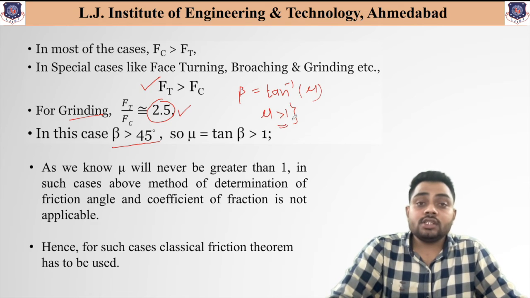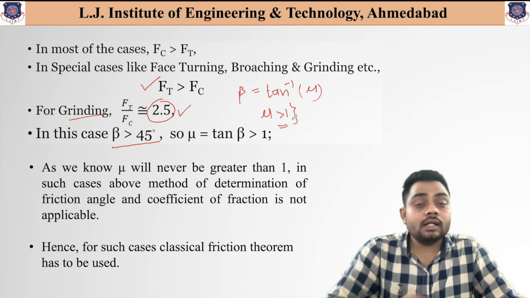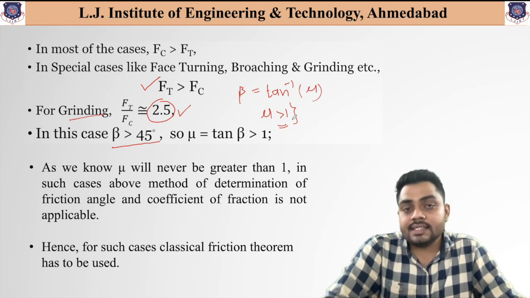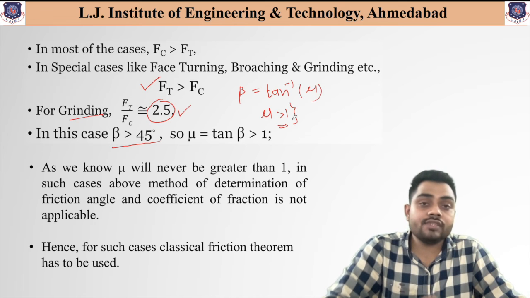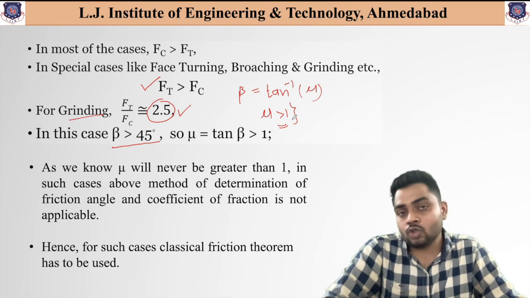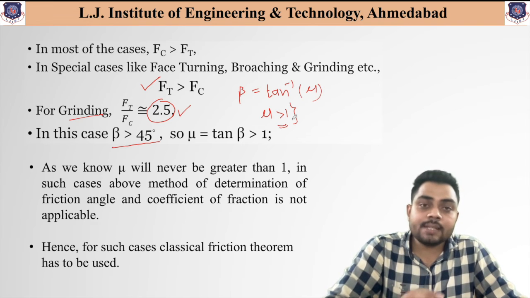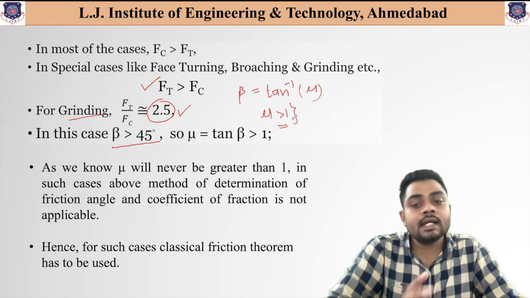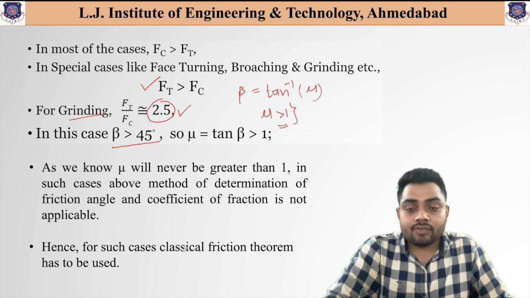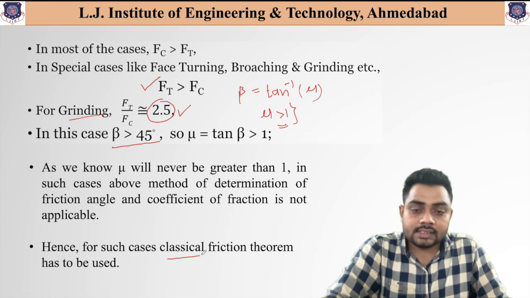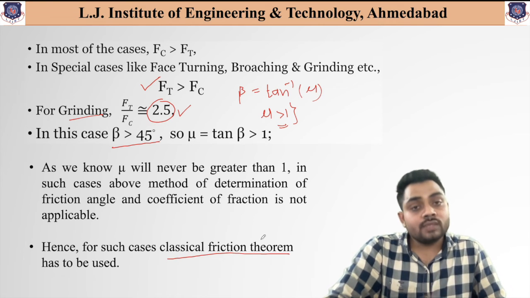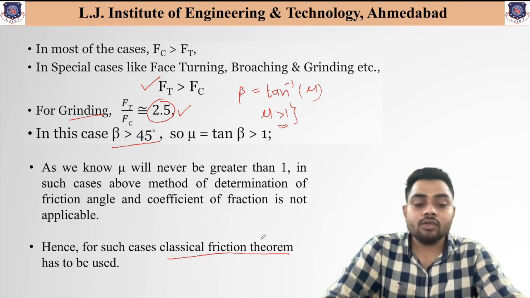That means the coefficient of friction is higher than 1, which is not desirable, because we know that the value of the coefficient of friction always remains between 0 and 1. That means in such cases where the thrust force is greater than the cutting force, we cannot use the basic theorem, and for this type of case we need to use the classical friction theorem, from which we need to find the coefficient of friction.